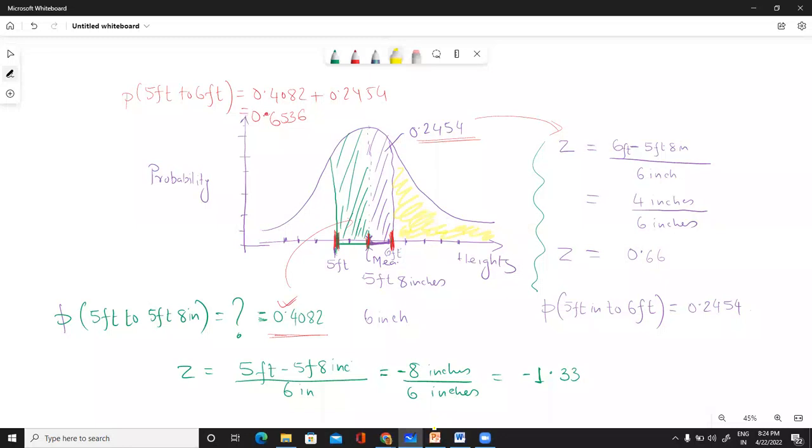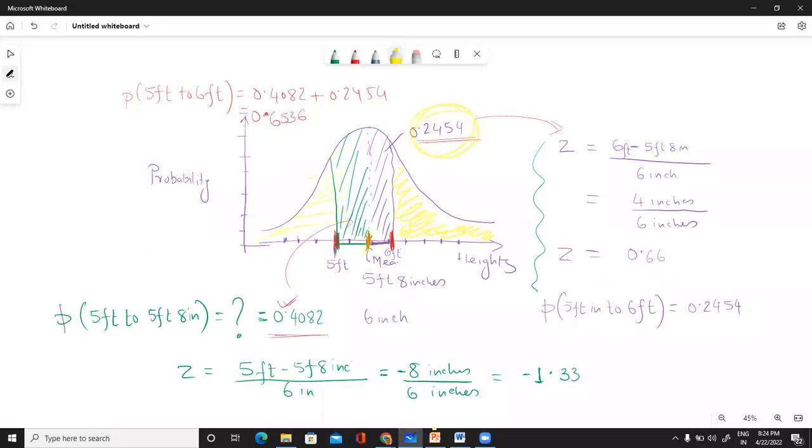So below 6 feet, again, we will take it at the mean. From 6 feet to mean, what is the probability? We'll have to find that out. Again, we will get this value. And from the mean to the whole left portion will be 0.5.